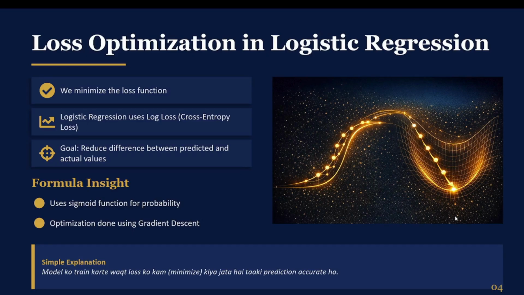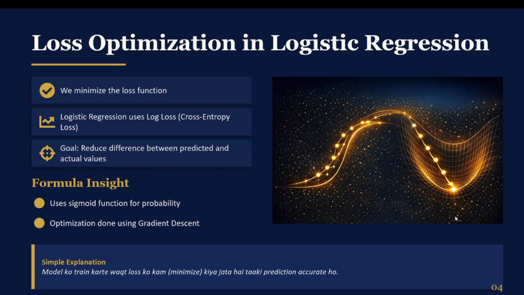Now, the loss function is the mathematical measure that tells us how far off the model's predicted probability is from the actual true label. In logistic regression, the specific loss function used is called log loss, which is also known as binary cross entropy loss.